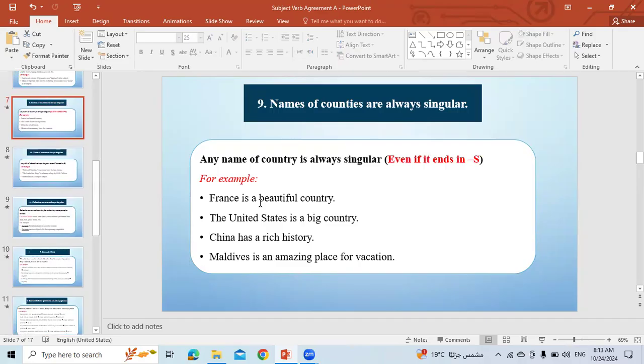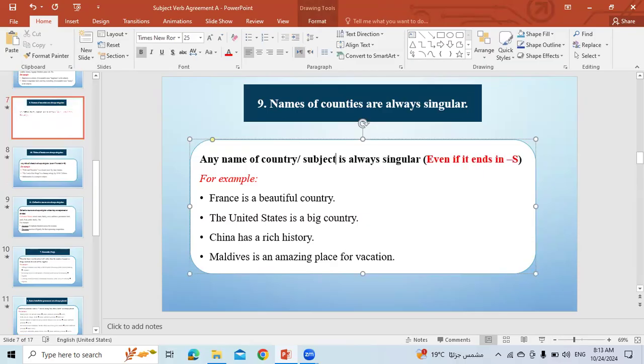Yes. We have names of countries or subjects. The name of a country or subject is always singular, even if it ends with s. So we say the United States is, mathematics is. Even if it ends with s, it's singular.